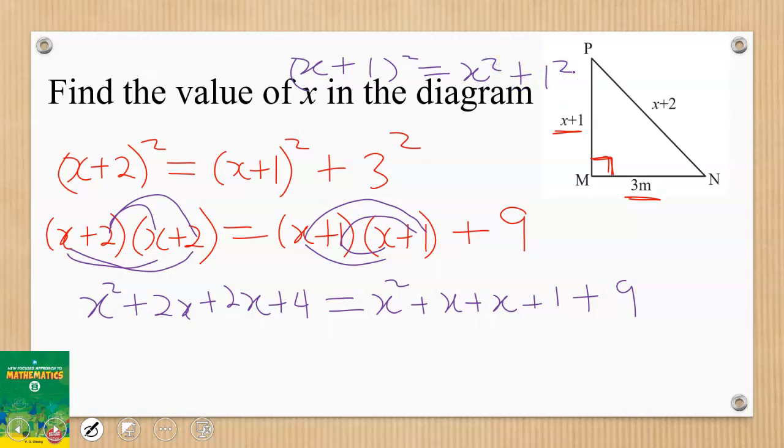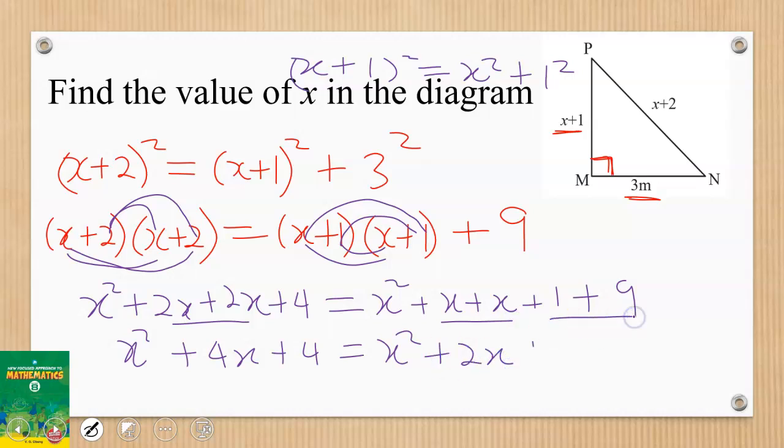No. We have to expand it. Good. Now, when we try to group like terms, I have x squared here. This together will give me plus 4x plus this 4. Here too, I have x squared here. This together will give me plus 2x. This together will give me plus 10, right?